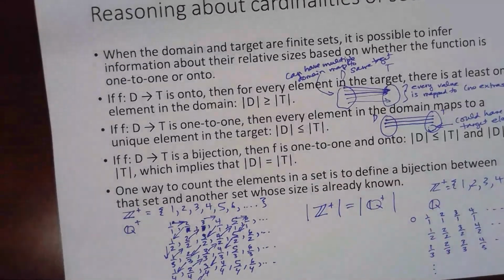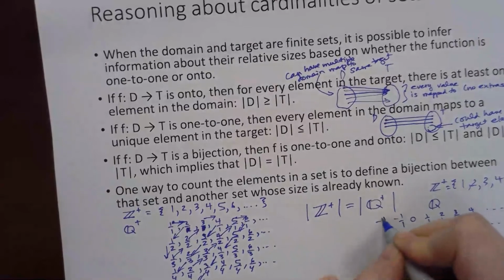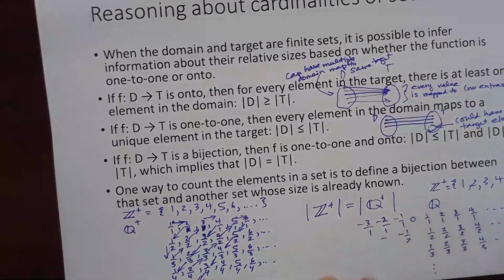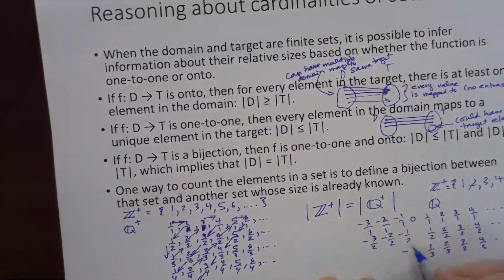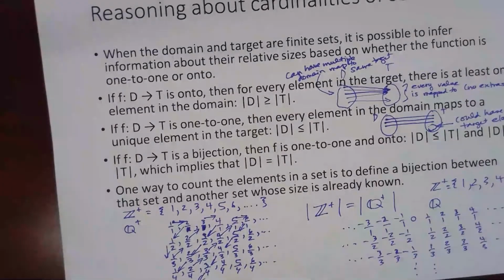Then I've got all the negative ones too: negative 1 over 1, negative 2 over 1, negative 3 over 1. And, oops, I forgot negative 2 over 1. These go on and on forever as well.